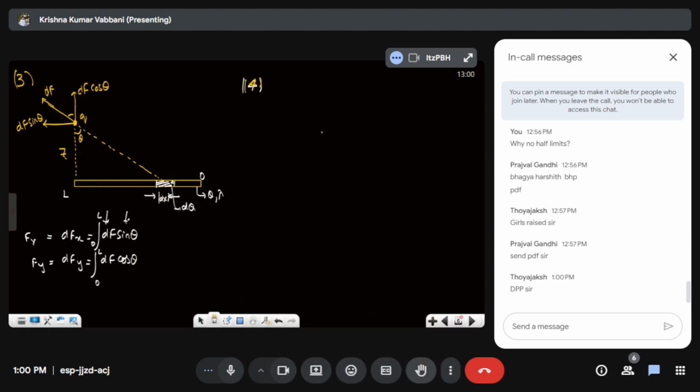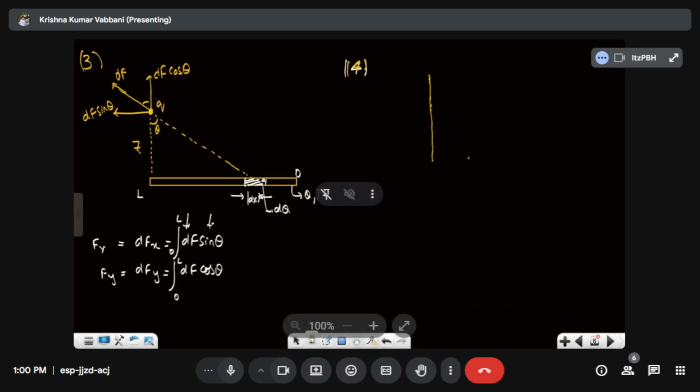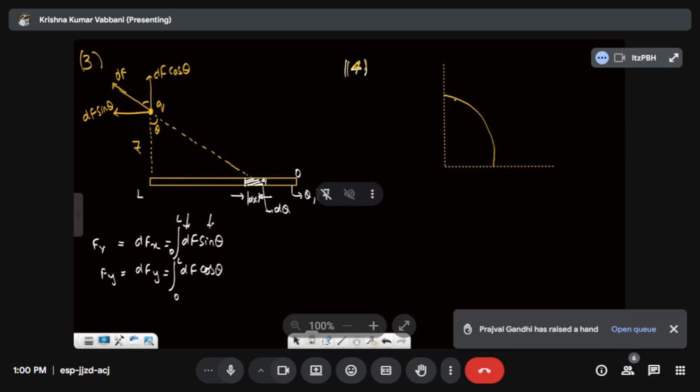Take the x-axis, and this is my quarter ring.